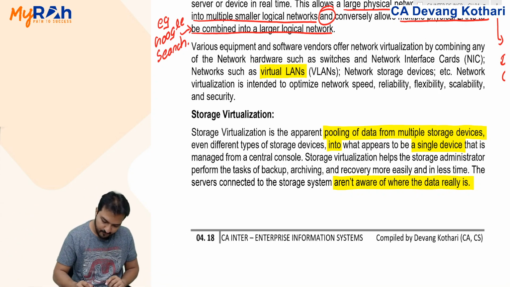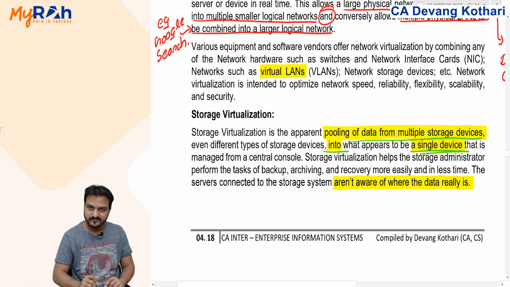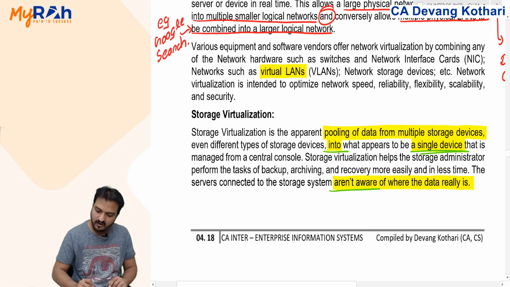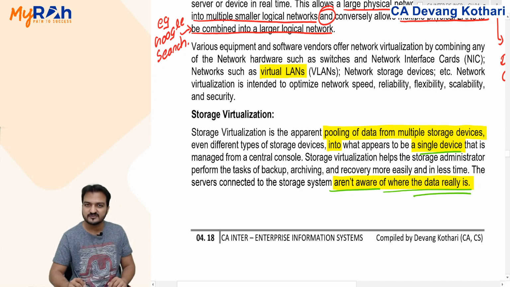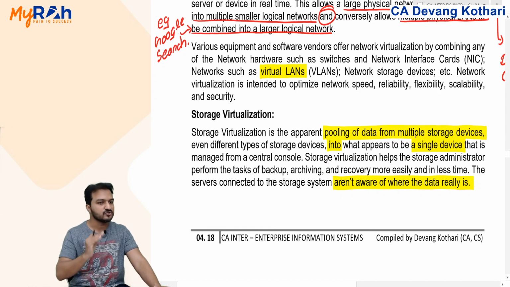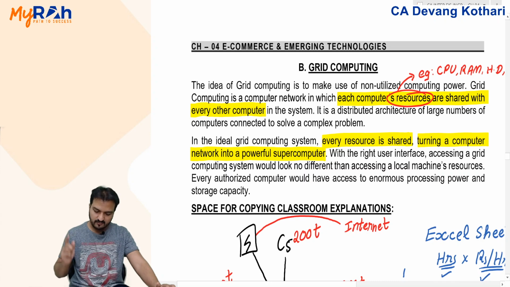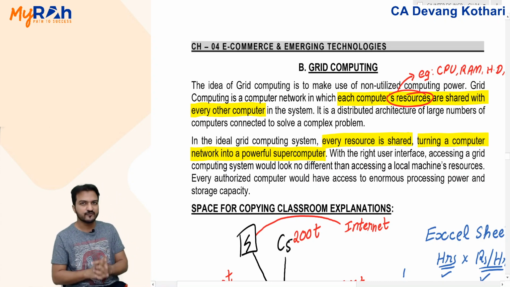The user isn't even aware of where the data really is. As a user, you will not even know where the data is actually coming from. That was storage virtualization. In short, all that were the things under virtualization.